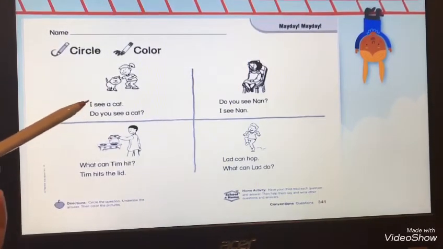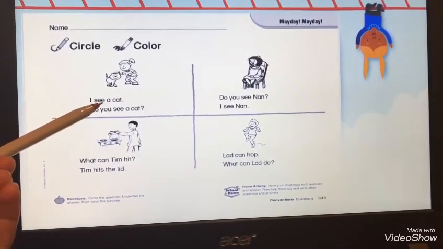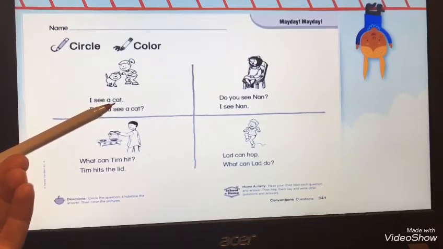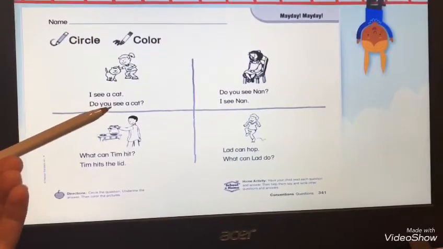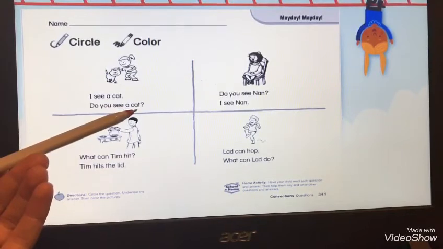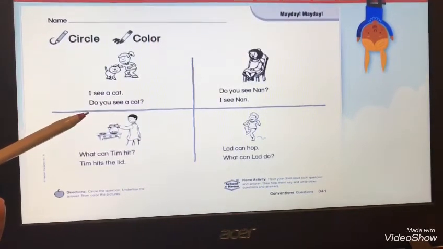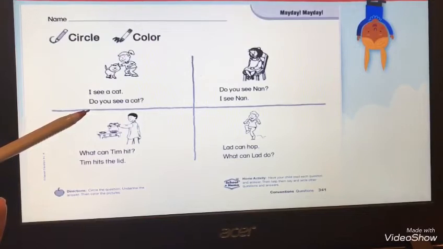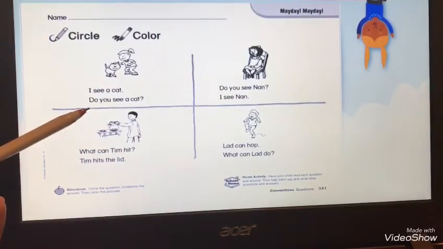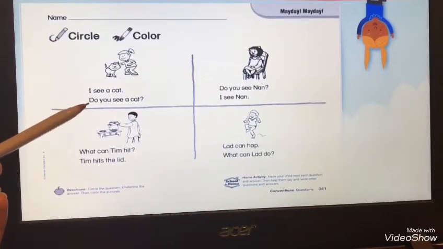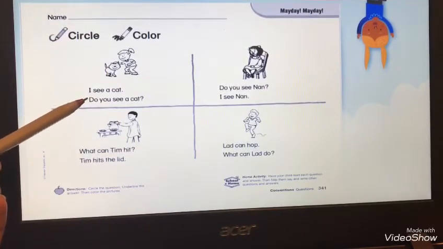Sentence number 1. I see a cat. Do you see a cat? Now, we said that when we ask a question, we have to start with a question word, which is do and what, right? Okay, which sentence starts with do?